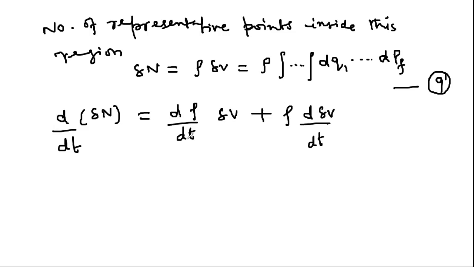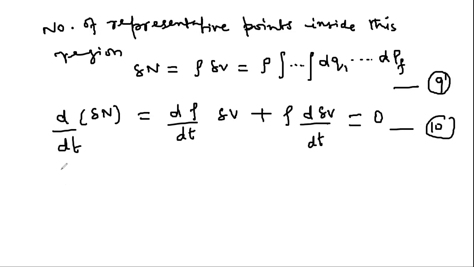Now, d by dt of delta n must be 0. Let me name it equation 10. I am saying d by dt of delta n must be equal to 0.